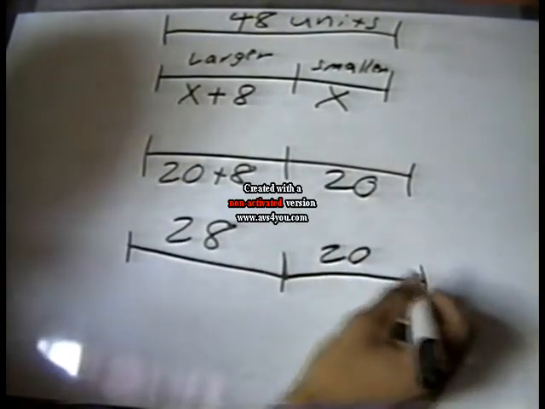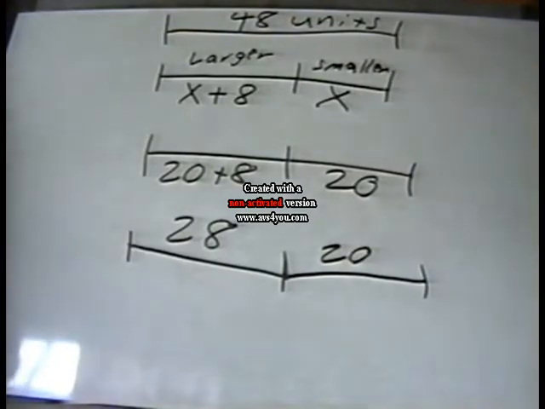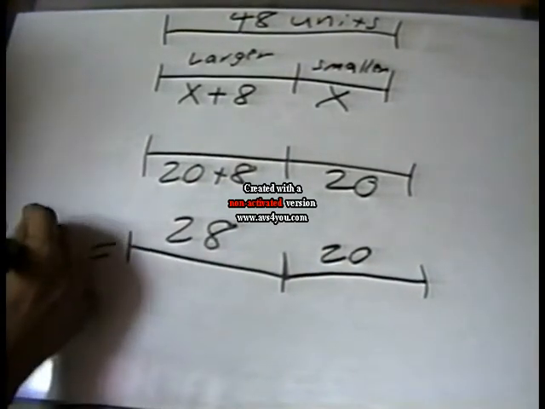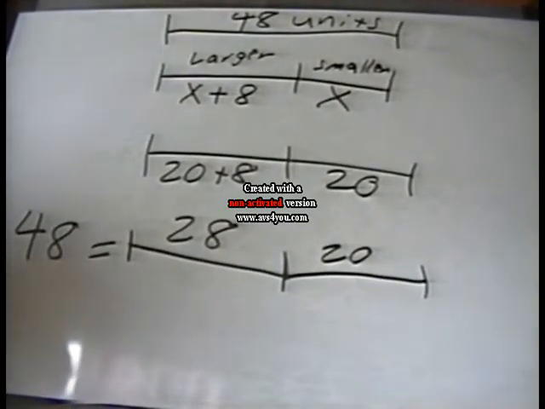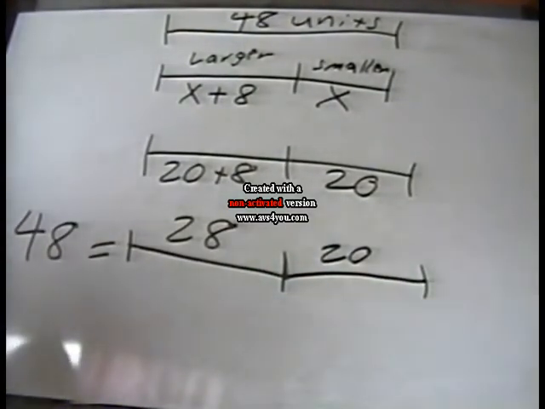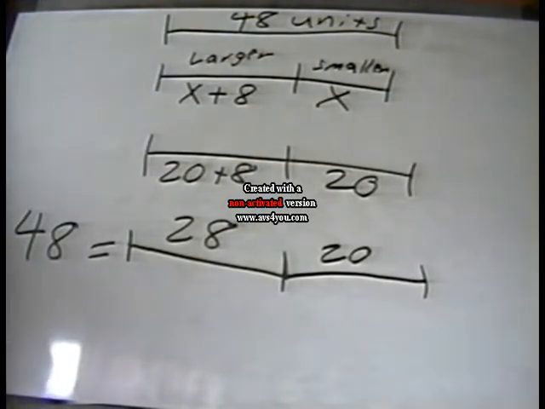Here, that's 20, and that's 20 plus 8, that's 28. So the larger part is 28, and the smaller part is 20.